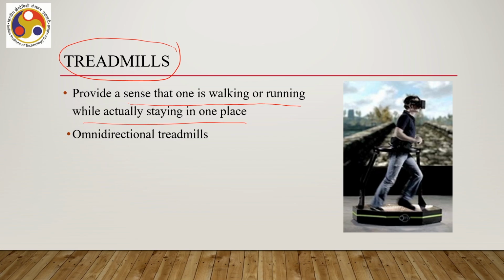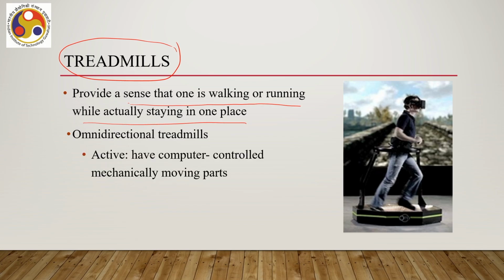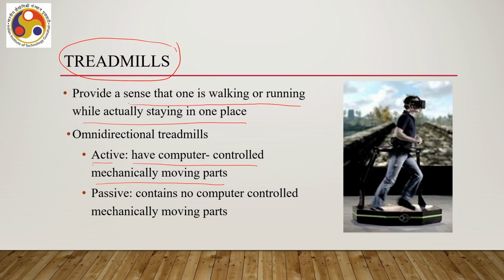These are quite common in virtual reality systems, which can be of two types: active, that means it is being controlled by a computer. So, computer controlled mechanically moving parts are there, which gives us a sensation of walking or moving, whereas there can be passive also, like motion platforms. It contains no computer controlled mechanically moving parts. So, user has to control it himself or herself.